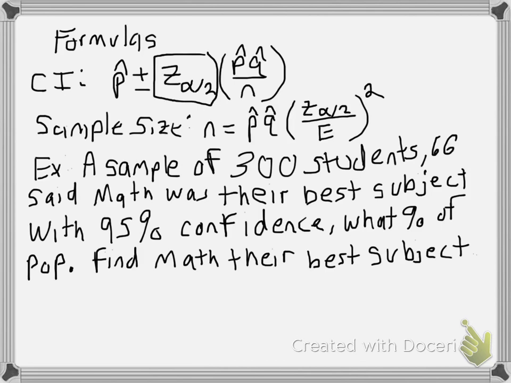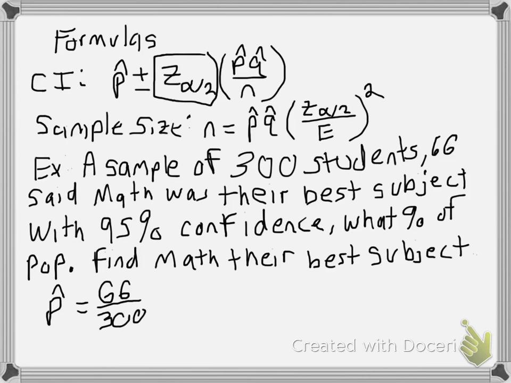Okay, so first off, we're going to need to find P hat. Now, P hat's not that bad, okay? It's just simply the number of successful trials, which is 66, out of the total number of people asked, which is 300.